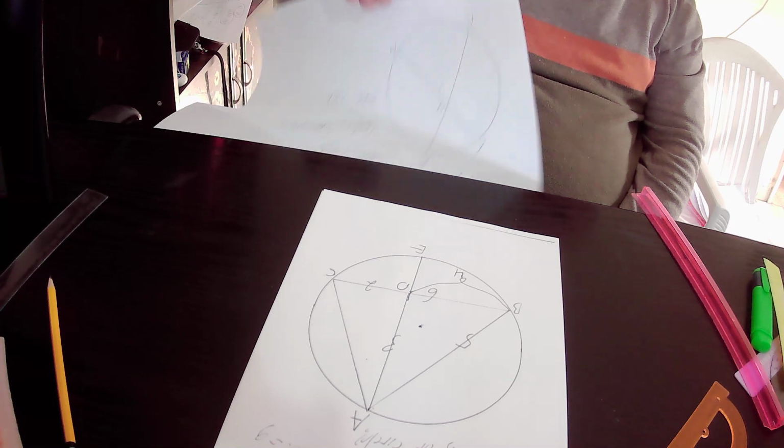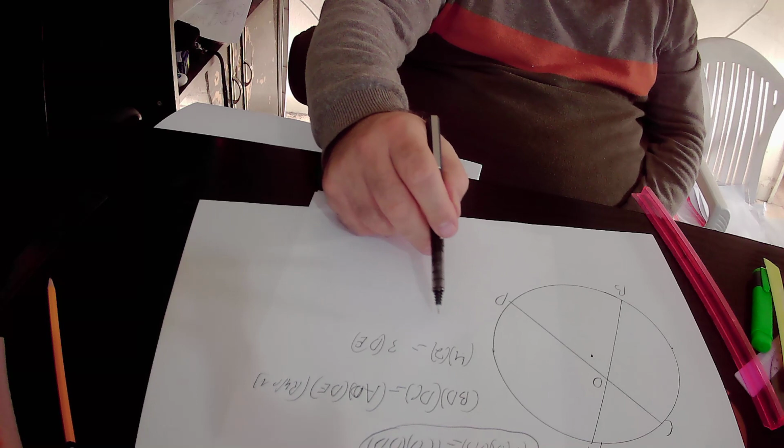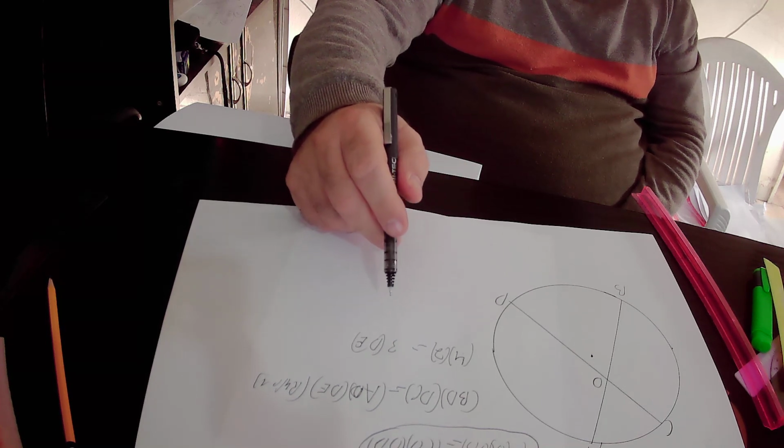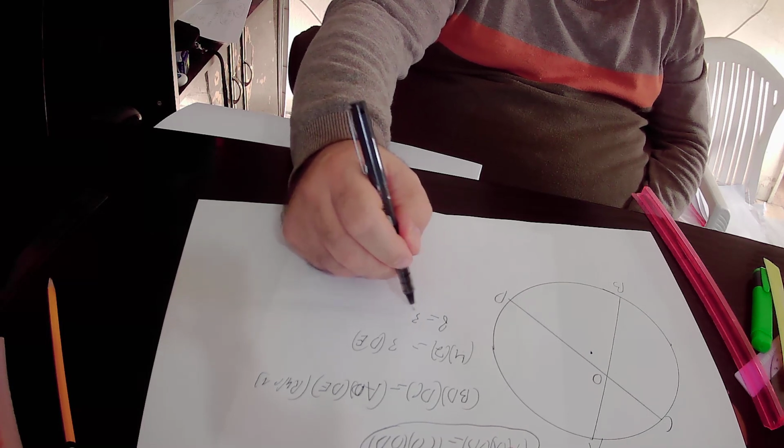So in conclusion, we found out that 4 times 2 equals 3 times DE. 4 times 2 is 8. 8 equals 3 times DE.